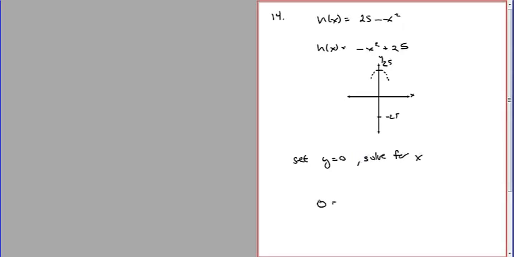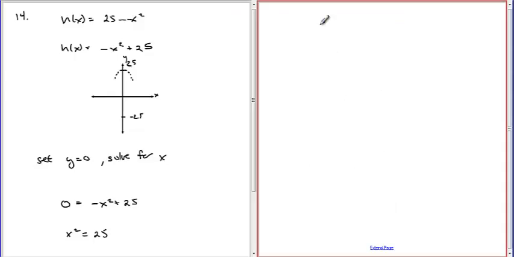So we say 0 is equal to negative x squared plus 25. We add x squared to both sides, so that eliminates the x squared on the right-hand side. And then you take the square root, so you get x is equal to plus or minus the square root of 25. And the square root of 25 is 5, so you get plus or minus 5.